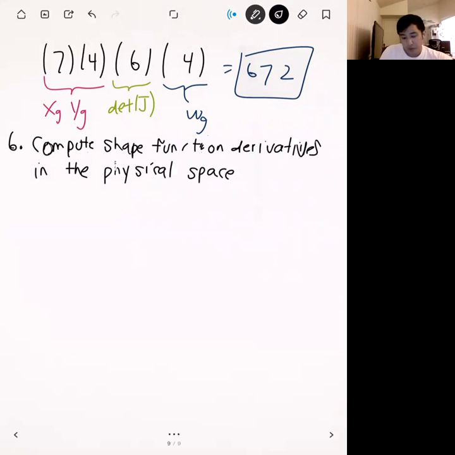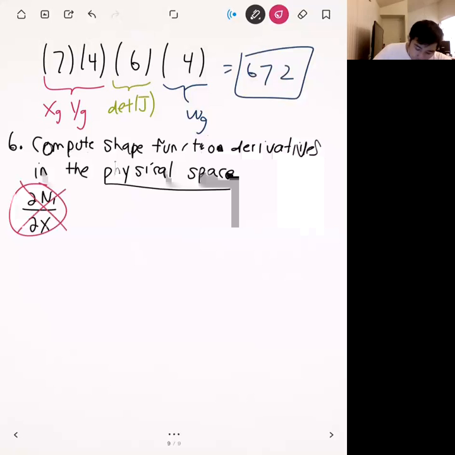The key here is physical space. This will allow us to compute things like dN1/dx, because right now in the parametric space we don't have this. What we have instead are the shape function derivatives in the parametric space, so partial N1 partial xi.